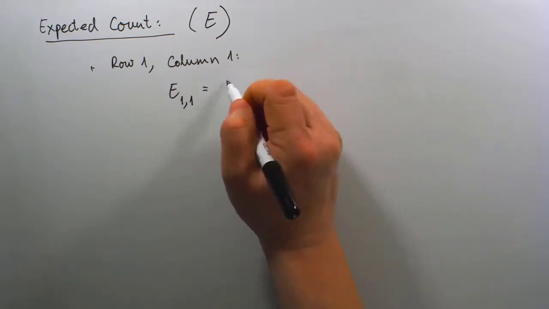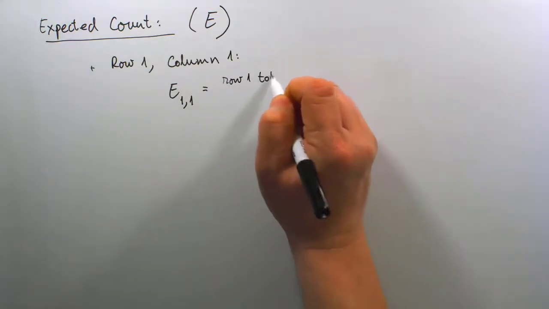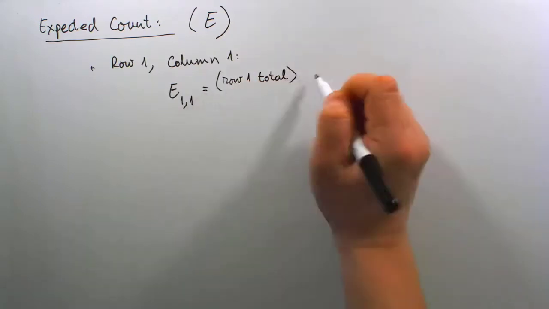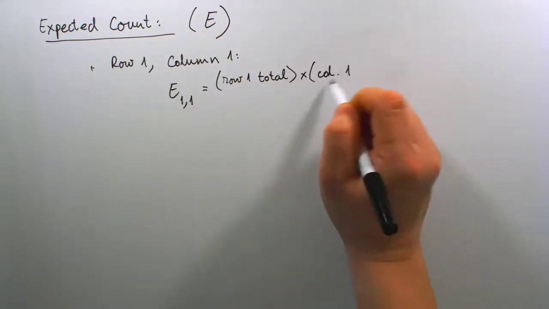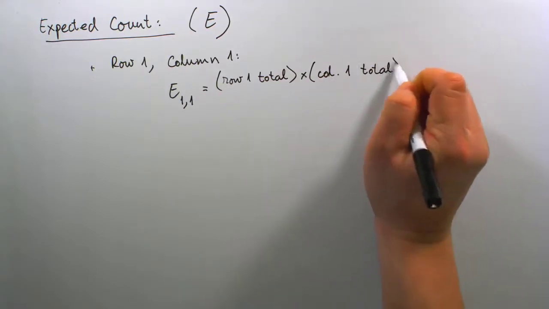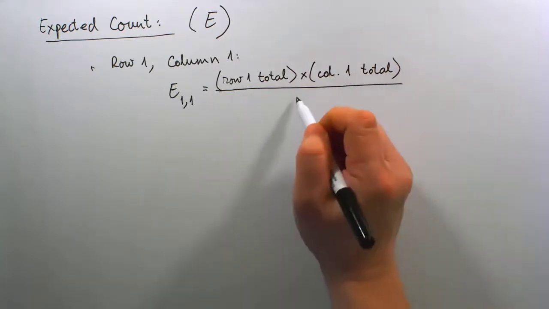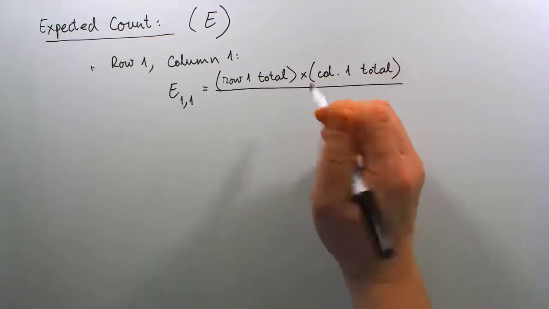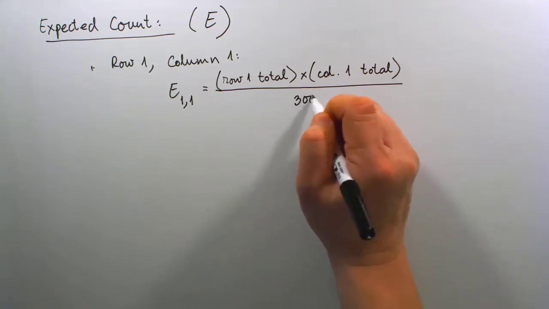I am going to look for row 1 total and multiply that with column 1. So COL is short for column, so column 1 total. I am going to multiply those two numbers and divide by the total sample size. In our case here, being 300 is our sample.